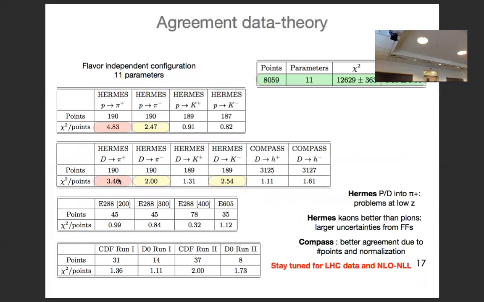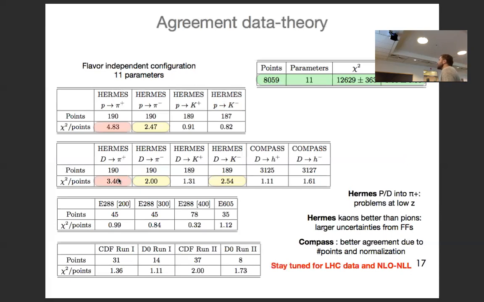So, this is the agreement between data and theory. The overall quality of the fit is quite good because it's 1.55 chi-squared per degrees of freedom. We have problems at low z for the multiplicities of HERMES into pi plus. As you see, the values of the fit are quite high.